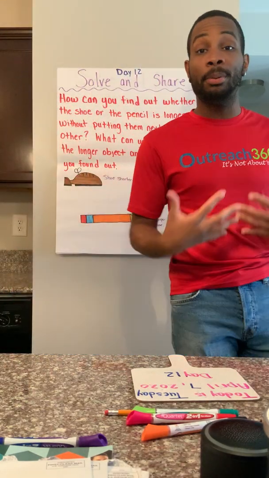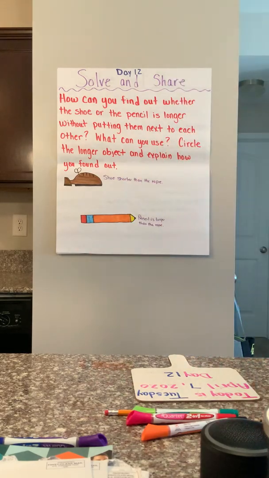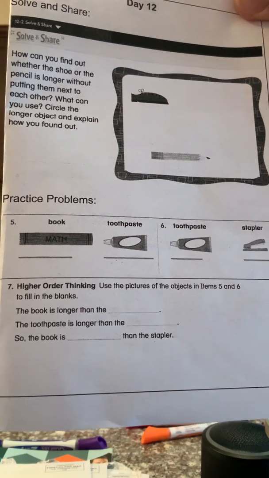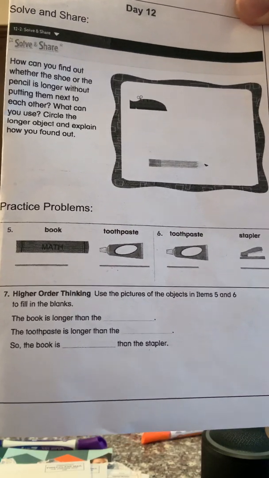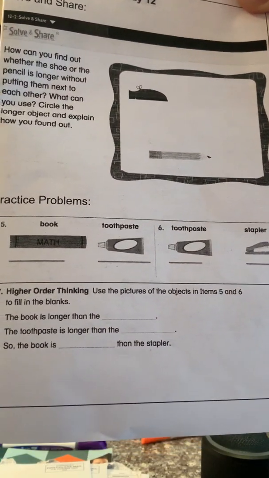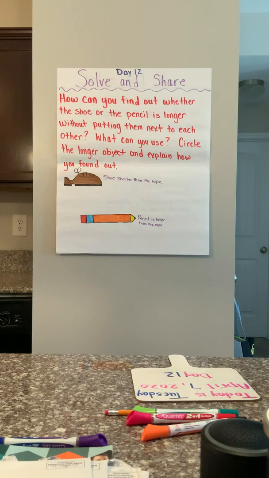During this time, parents, you'll pause the video and ask your child, which object is longer? I would hold a question here. They will circle which object they think is longer for the solve and share.